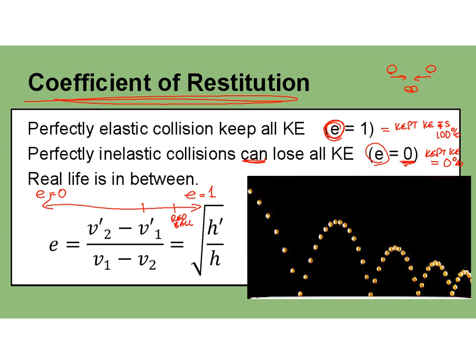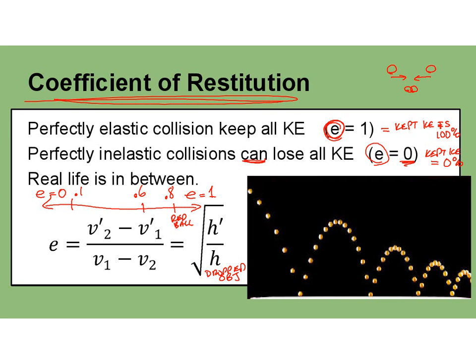If I drop a biscuit on the floor, maybe I get to keep 10% of it. So this coefficient of restitution can go anywhere from 0 to 1. All right? But I can't have more than 100%. I never get to keep more, and I can't have a negative number here. So there's two ways of thinking about this. This last one is for a dropped object.